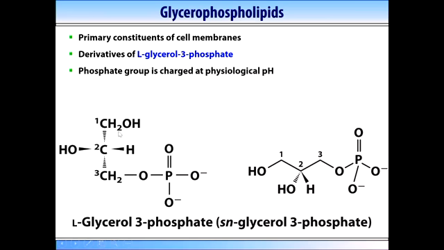If it were glycerol, it would be CH2OH here and CH2OH here. These two substituents would be exactly the same, therefore no optical isomers. But once you attach the phosphate, you now consider CH2OPO3, which is different from what is on the top. As a result, it starts to have optical isomers. So in the glycerophospholipids, only the L isoform is used.